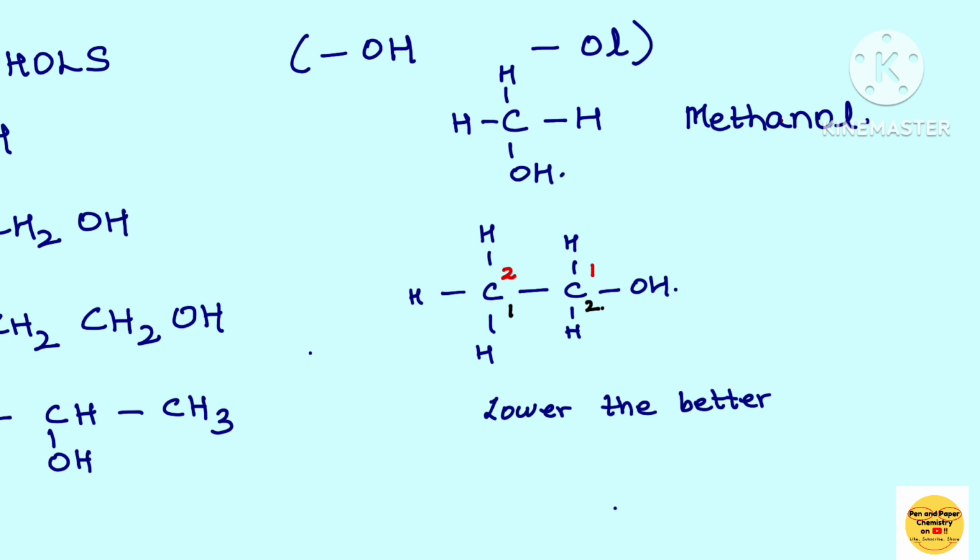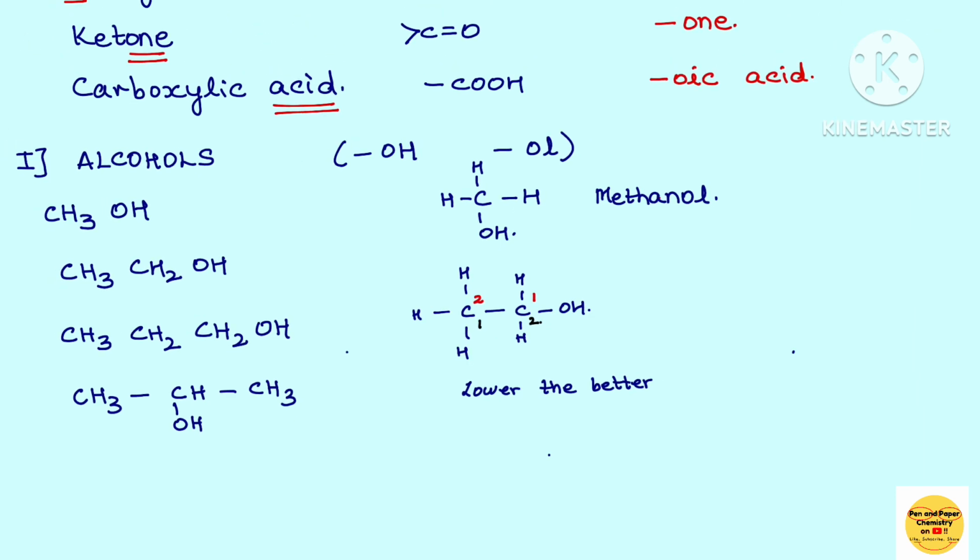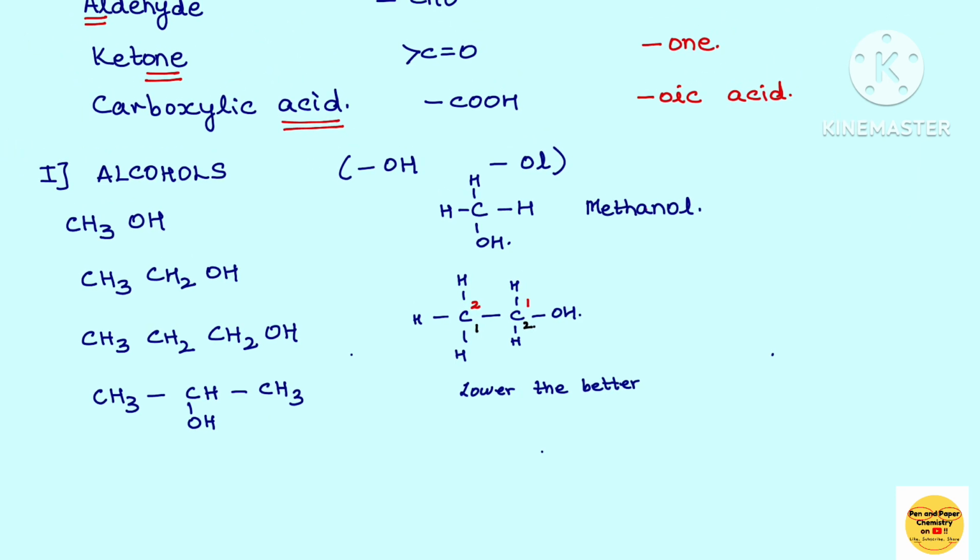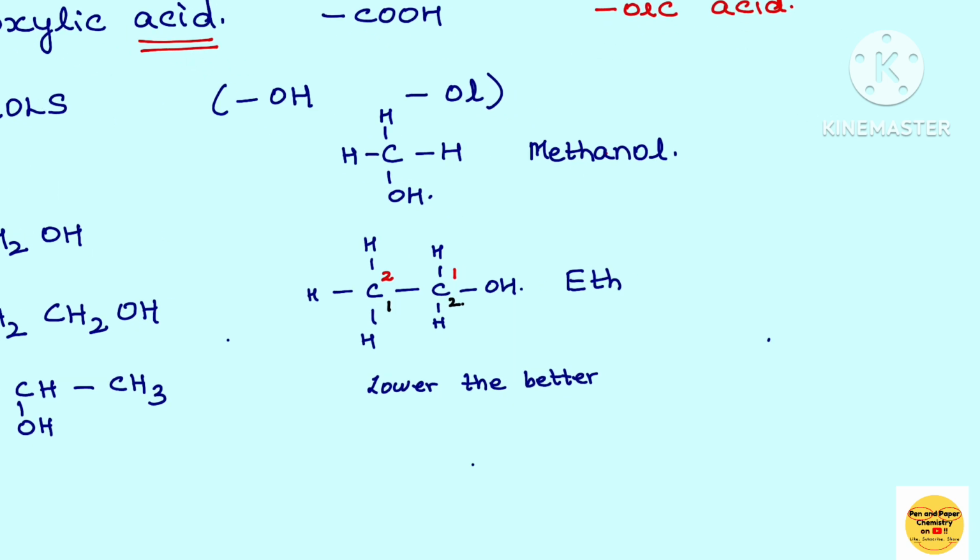So I can either have the OH at position number 1, in which case, how am I going to name it? Help me out. Word root: eth. Saturated, unsaturated. Yes, it's saturated. So, ane. Now, look at the numbering. Should I call it as 1? So, for OH, okay, let's write down the ol as well. OL means it's an alcohol because of the presence of the OH group over here.